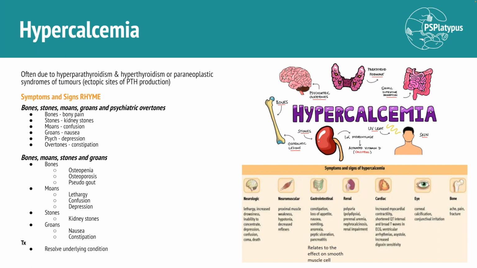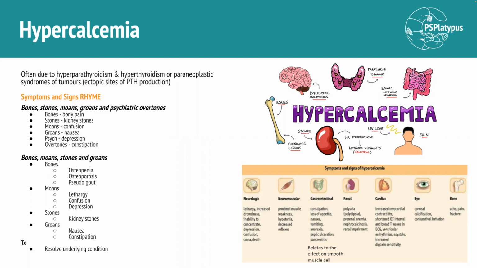This is often markedly increased, I want to stress, and is often due to hyperparathyroidism, hyperthyroidism, or paraneoplastic syndromes of tumors, which is when a tumor becomes an ectopic site of parathyroid hormone production, causing increased breakdown of bones. And as we know, when there's an increased breakdown of bones, we get an increased release of calcium and phosphate.